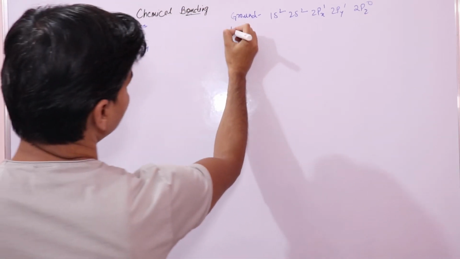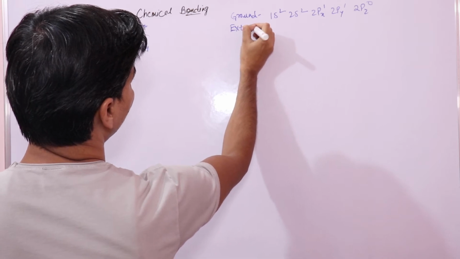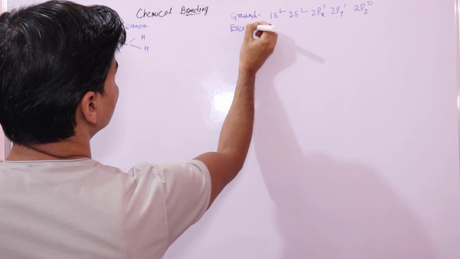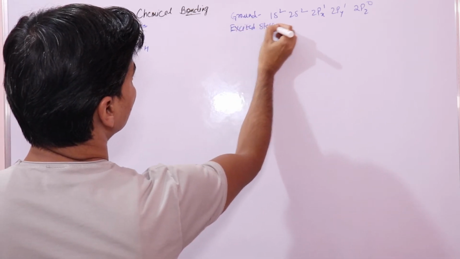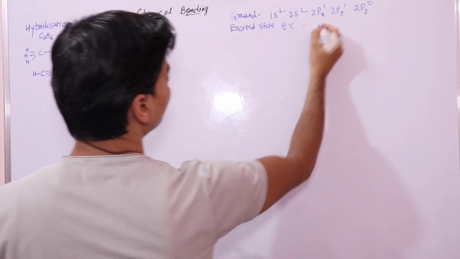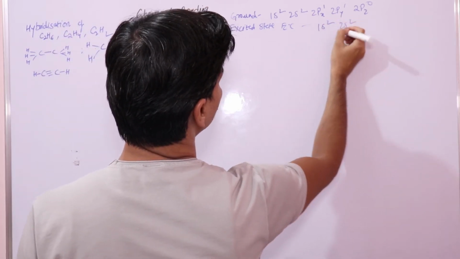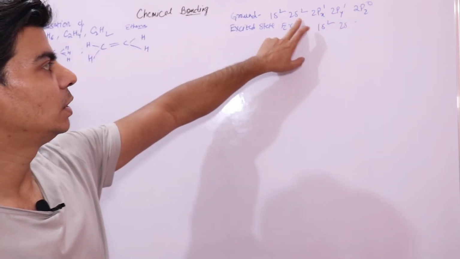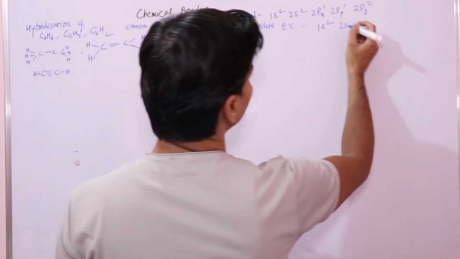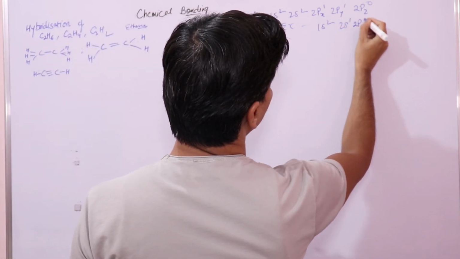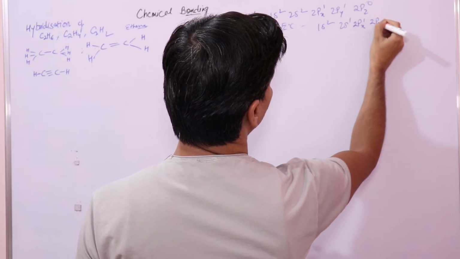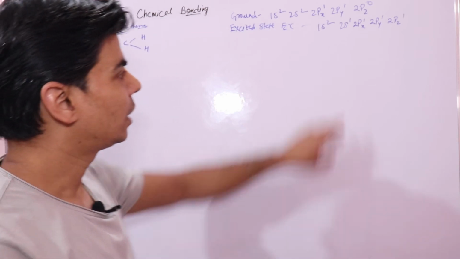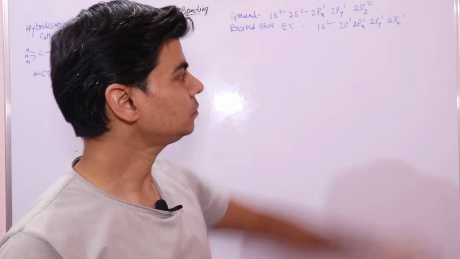So excited state electronic configuration would be 1s2, one electron would be transferred from filled 2s orbital to 2pz orbital, so 2s1, 2px1, 2py1 and 2pz1, right? Now we have four half filled orbitals.